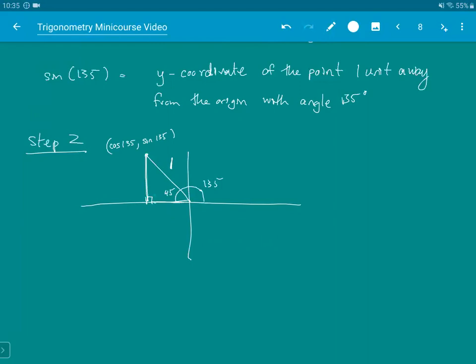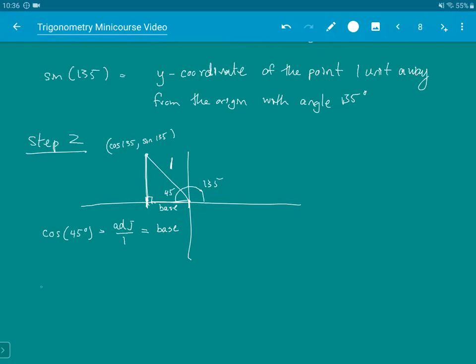Now, let's compute the absolute length of this. Using our trigonometry, we know that this actual length is going to be cosine of 45, because cosine of 45 degrees is adjacent over 1, which is just the length. Let's call it base. But since it's in the negative direction, it's going to be the negative of this.